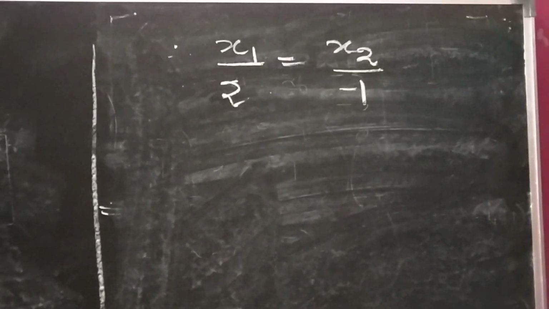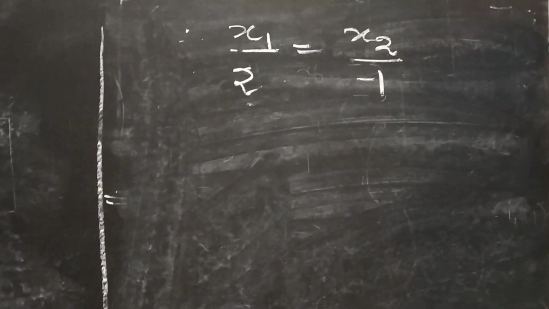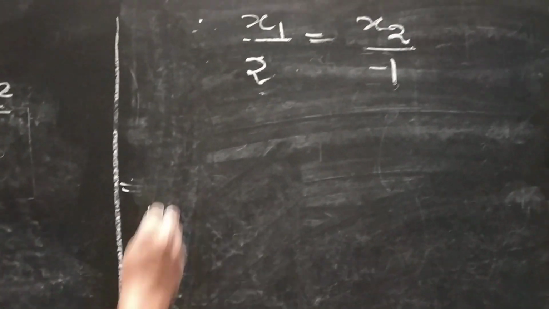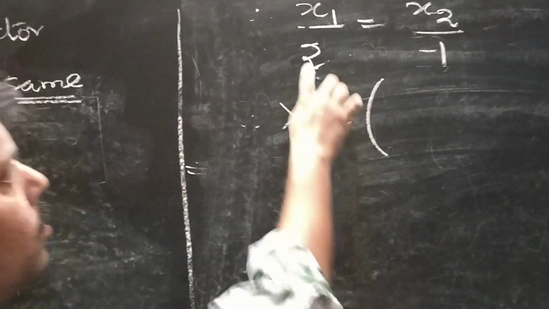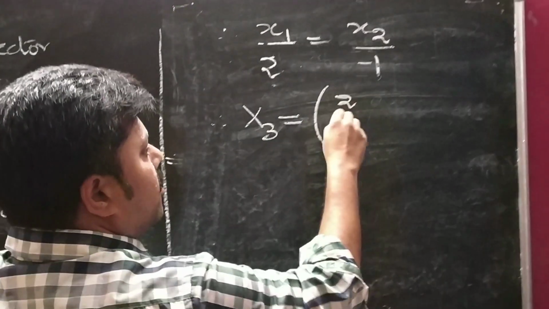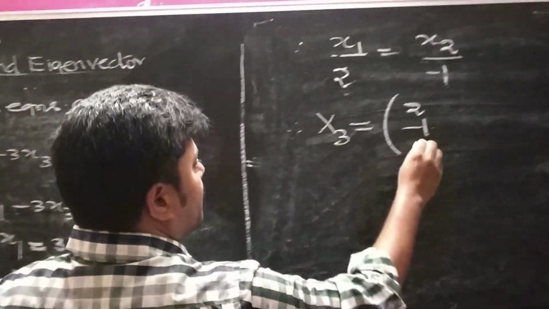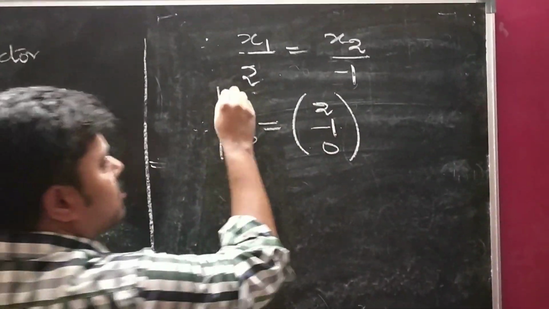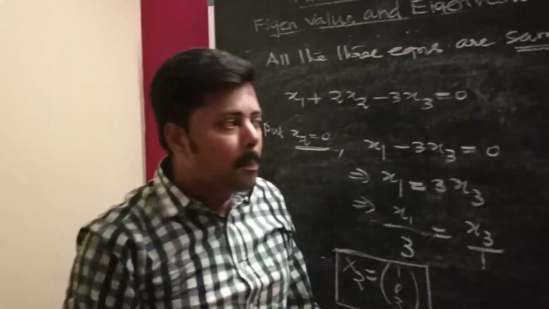Just cross multiply, we get this equation, right? Minus x1, 2x2, same equation, right? So therefore, the third eigenvector is, what is the x1 value? 2, x2 value minus 1, x3 value 0. That's all. So that is how to find eigenvalues and eigenvectors for a repeated root.